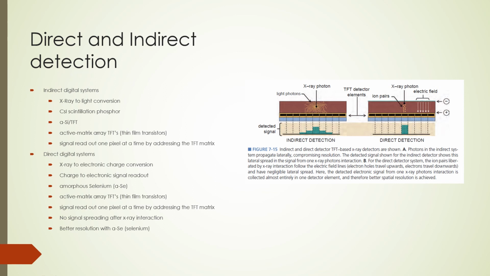Other examples of indirect digital systems are CCDs and CMOS-based digital detectors. Direct digital systems containing amorphous selenium are commonly found in mammography image receptors. Better spatial resolution is achieved for direct detection than for indirect detection due to the light spread in an indirect system. This figure shows the spread of signal light from the two systems.